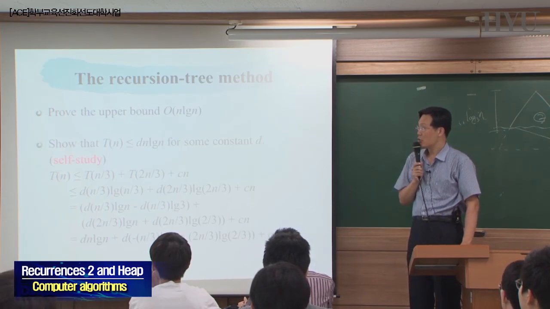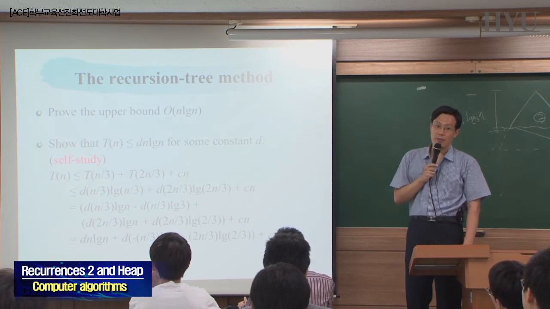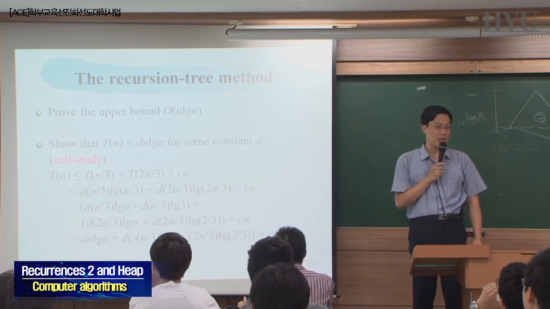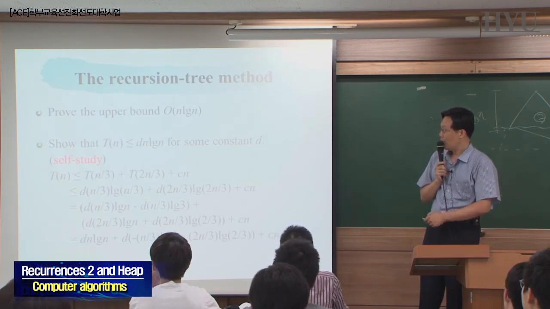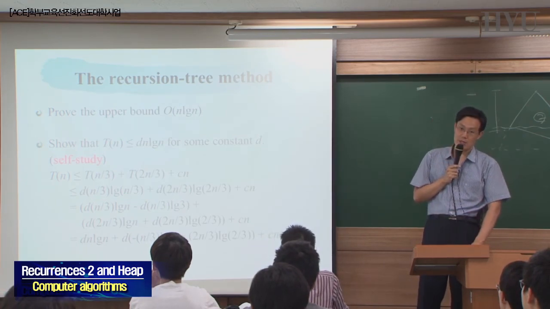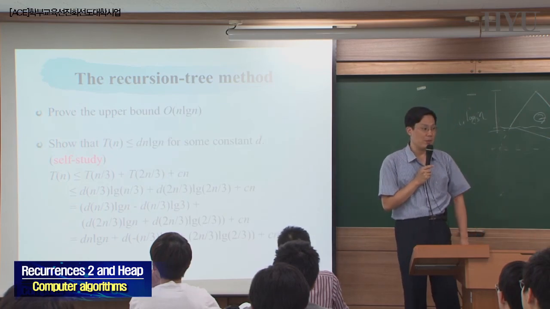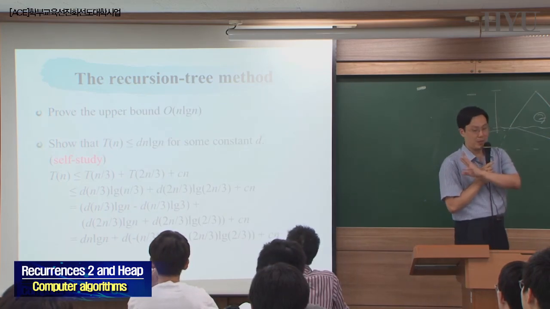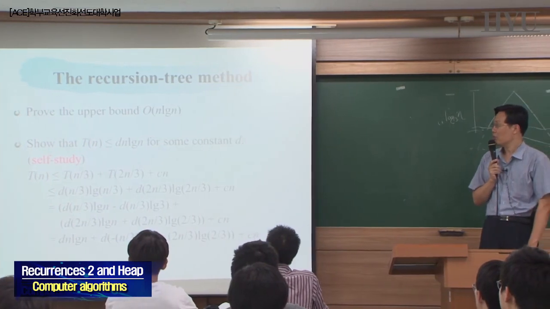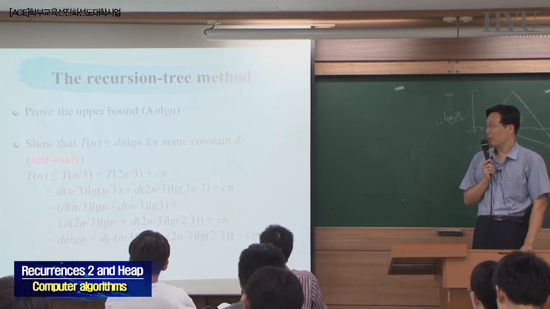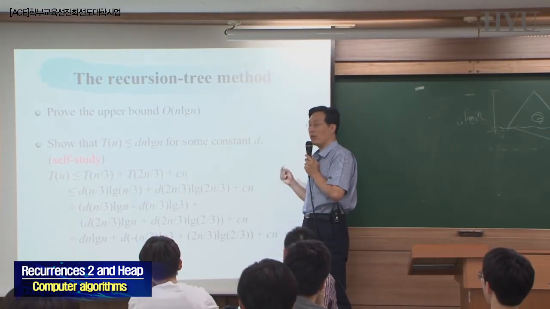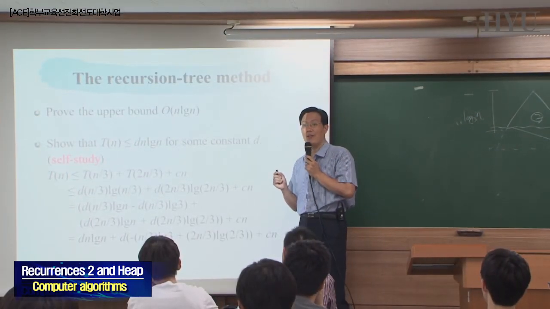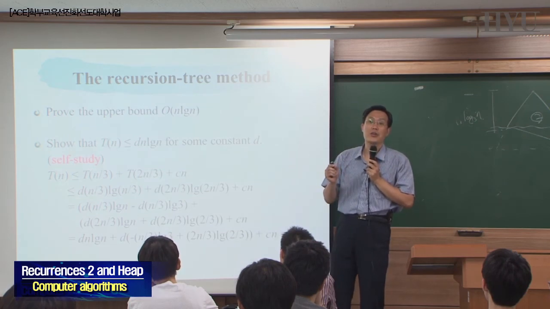It remains to prove that it's really big O of n log n by using the substitution method. This page explains the substitution method. Look at this page and try to understand the proof. More exactly, it's not a definition, it's an assumption.